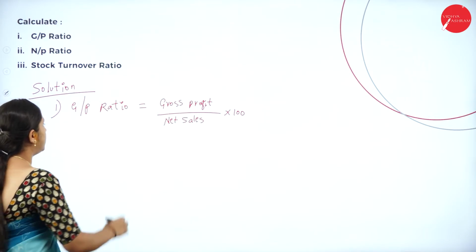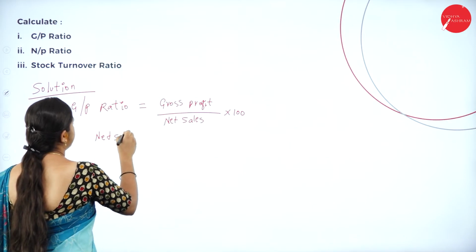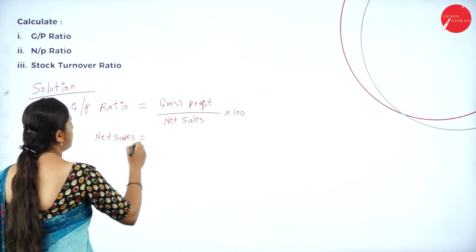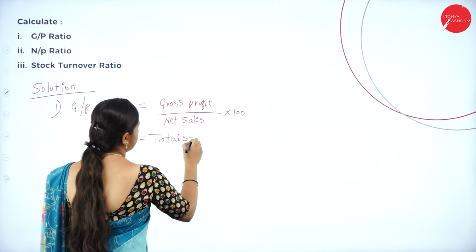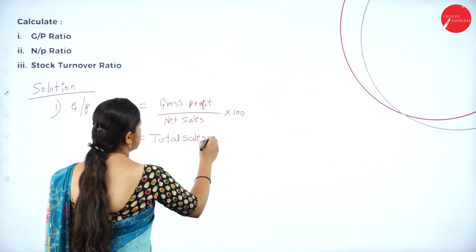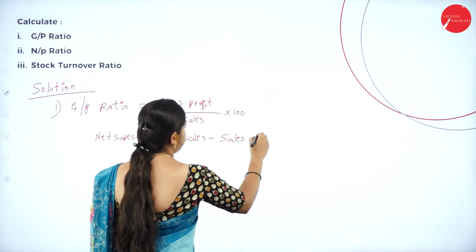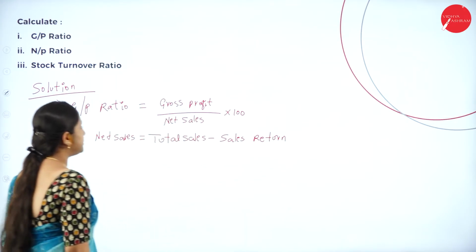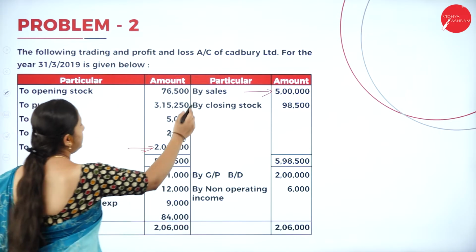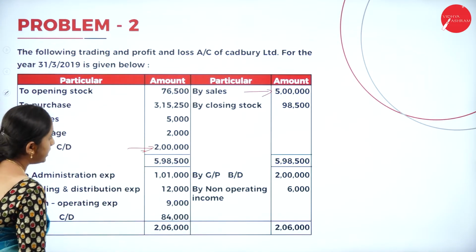Net sales is equals to total sales minus sales return. But in this problem, we don't have any sales return. So 5 lakh is considered as net sales.